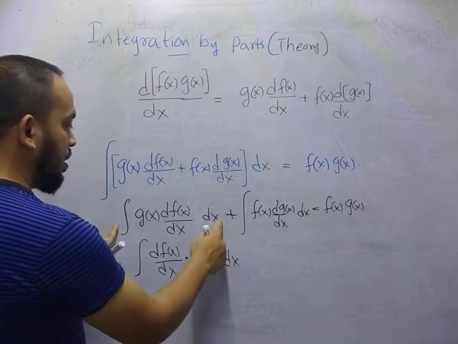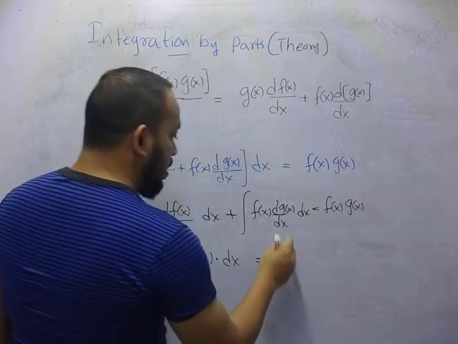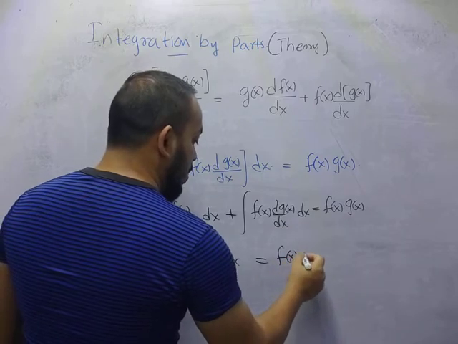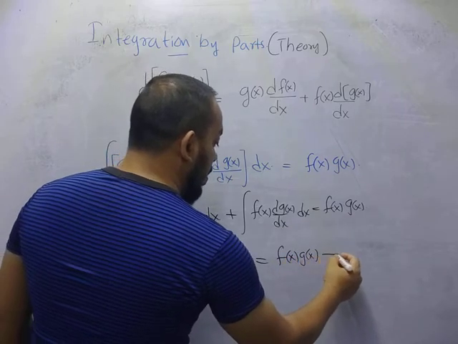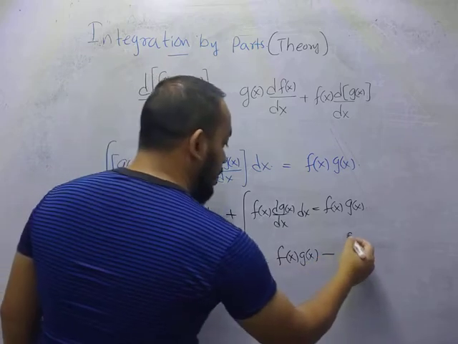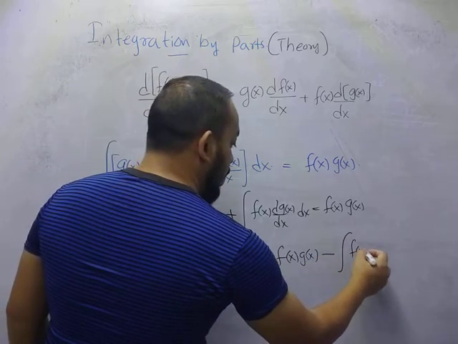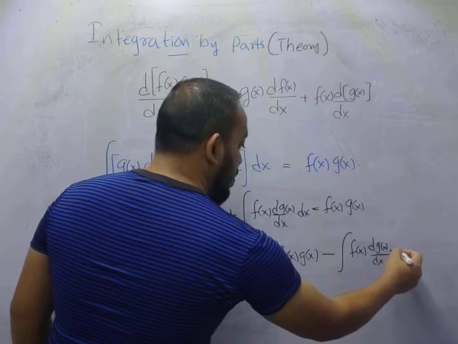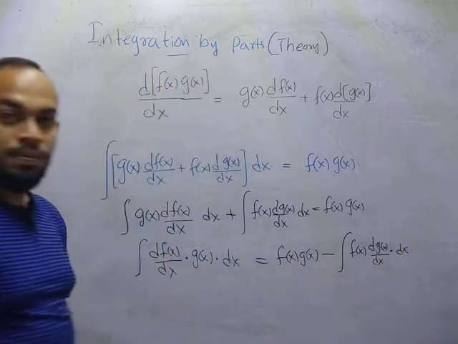I'm going to leave this integral on left hand side. Then write this integral on the other side. So I'll bring this over to the right hand side. Then this becomes minus f of x dg of x dx by dx.